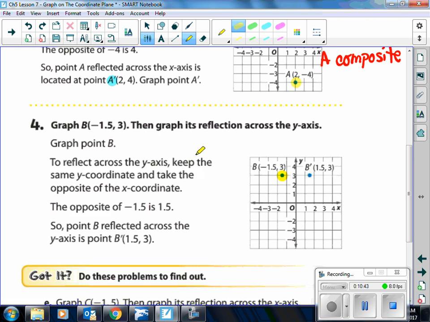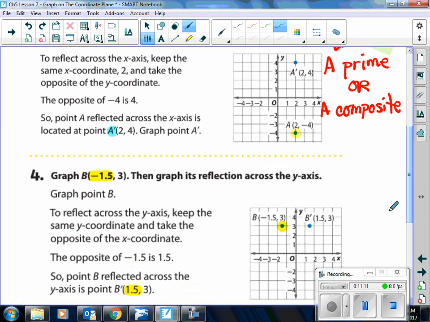Then we want to graph its reflection over the y-axis. So if we're reflecting over the y-axis, the x value changes to the opposite. So here, the x value is going to be a positive 1.5. So it's 1 1/2, comma, positive 3. And here is your B composite.